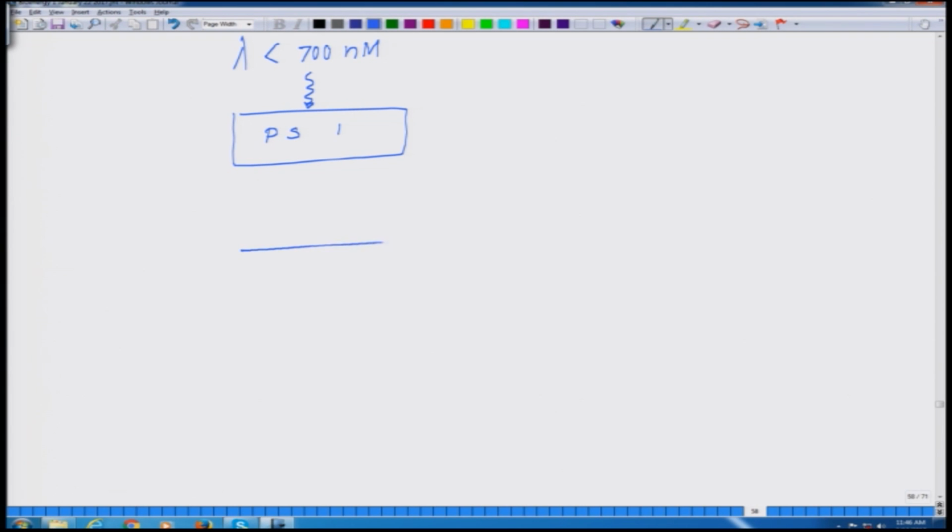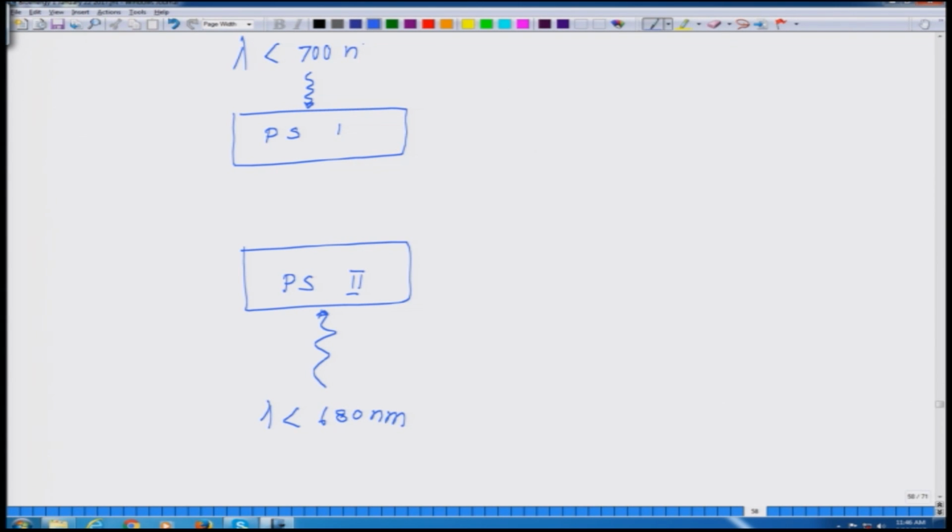And you have another photosystem, PS 2, which is getting light less than 680 nanometer.